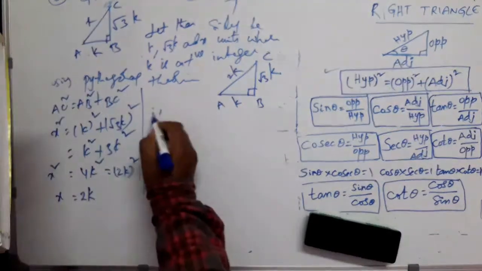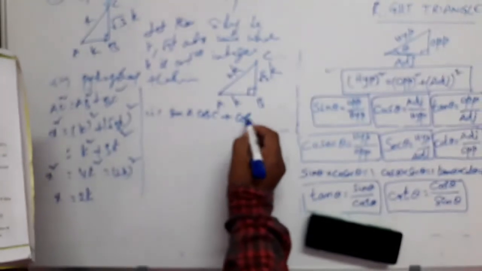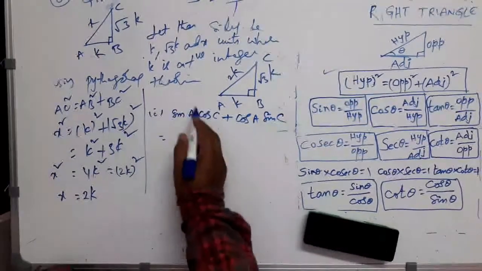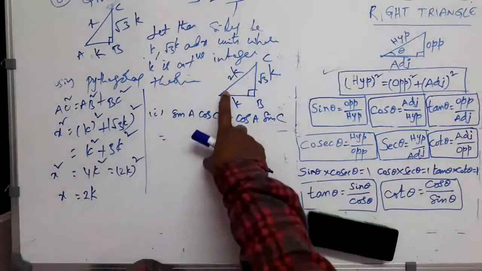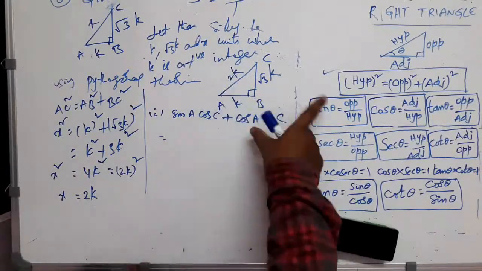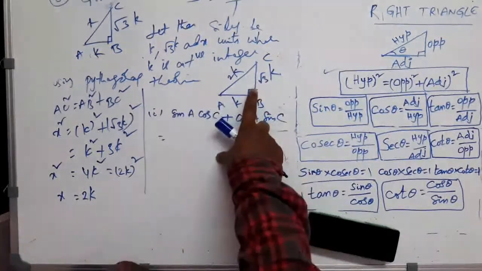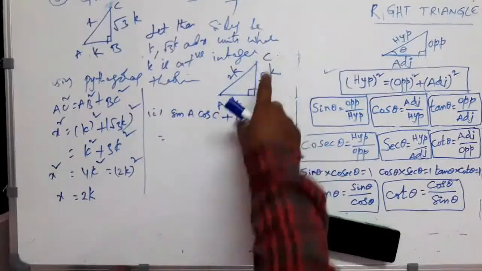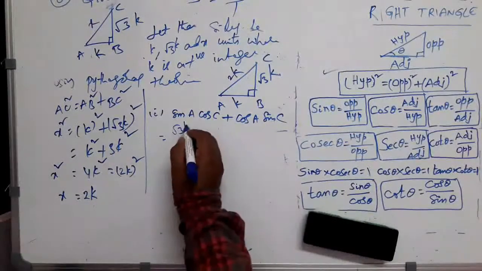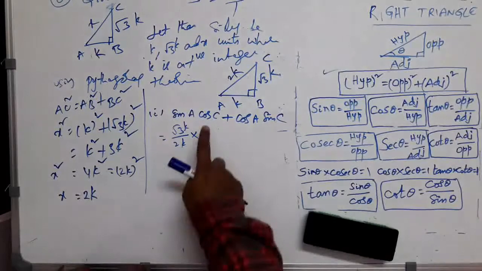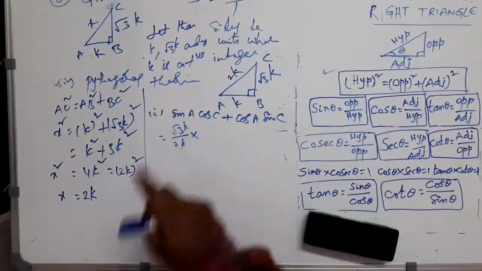Yes, let us consider the first part. Sin A into cos C plus cos A into sin C. Tell me, what is sin A? For this angle A, sin is opposite side by hypotenuse. This is the opposite side, this is the hypotenuse. So, root 3k by 2k, multiplied by cos C. What is cos C?